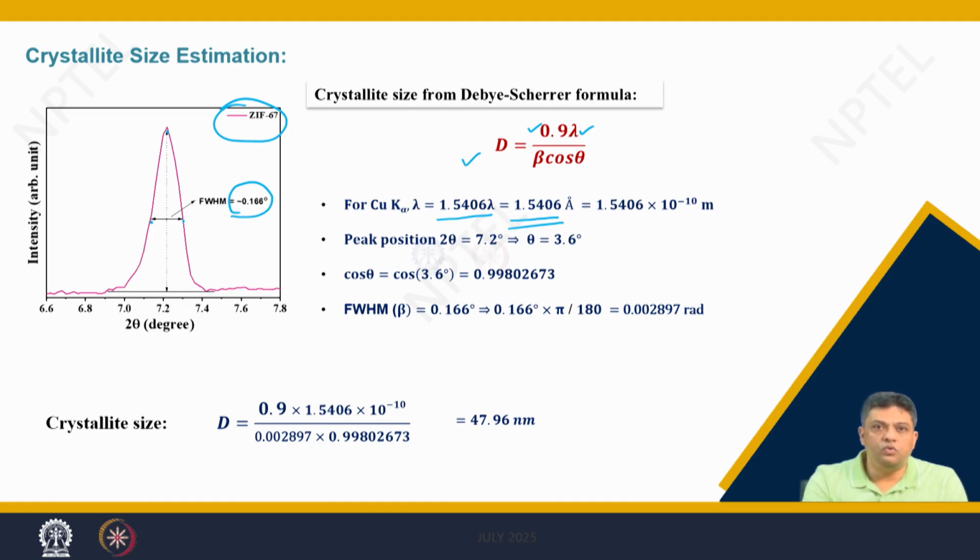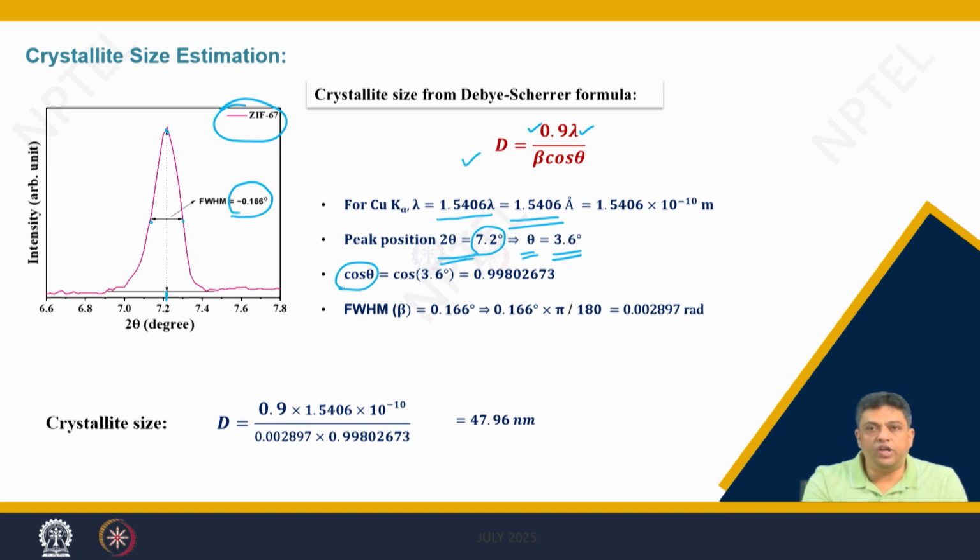Peak position, this position corresponds to approximately 7.2 degrees. This is 2 theta. So, theta becomes 3.6 degrees.